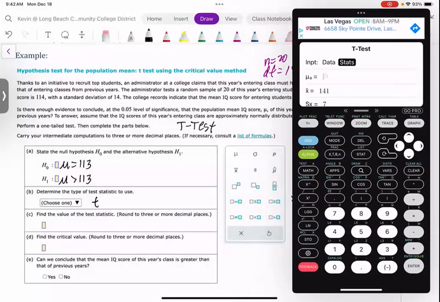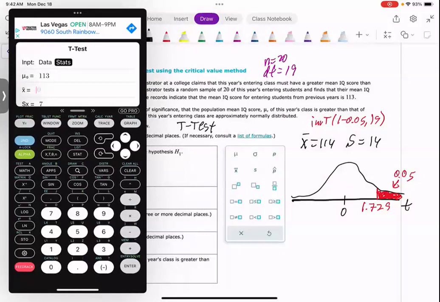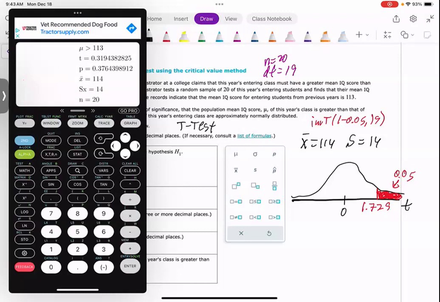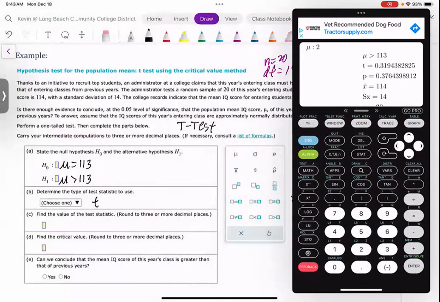And mu in this case is 113. And we have 114. Sample standard deviation is 14. And n in this case is 20. And this is a right tail test, that's greater than. And calculate. So here is our test statistic.